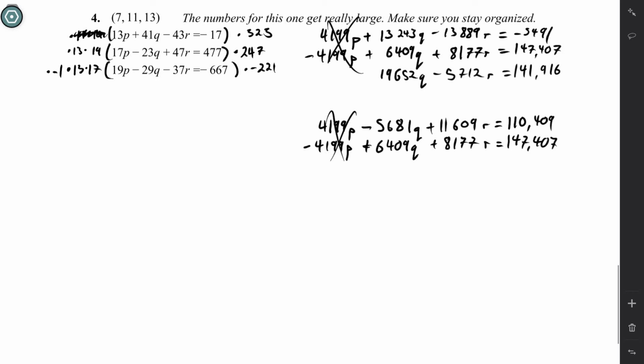All right, and for this bottom one, I can't know any of the math already. 9,409 minus 5,681 gives us 728 Q plus, let's see, 11,609 plus 8,177.